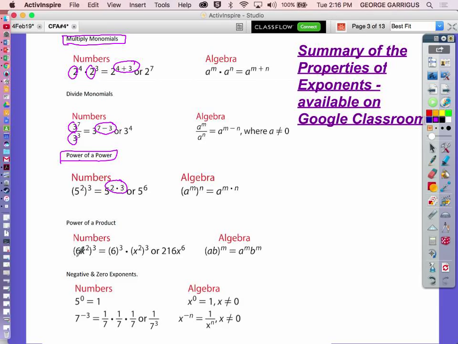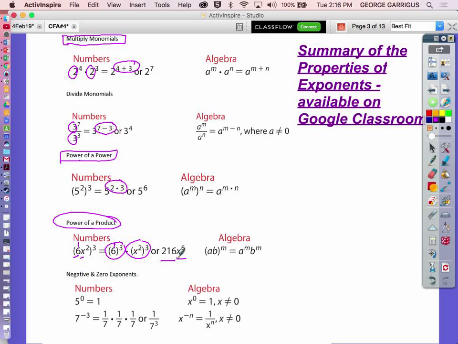And then if you have multiple terms, we call it a product because it's multiplying, taken to a power, then both terms, 6 to the first, take the power, x squared cubed, so our final result 6 times 6 times 6, or 216, x squared cubed, 2 times 3 is x to the 6th.